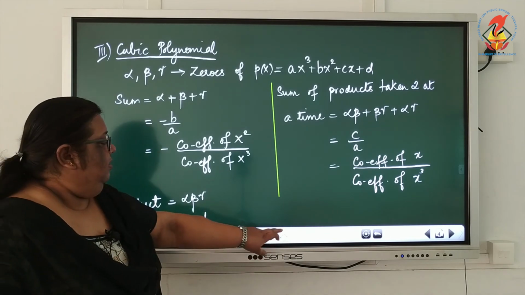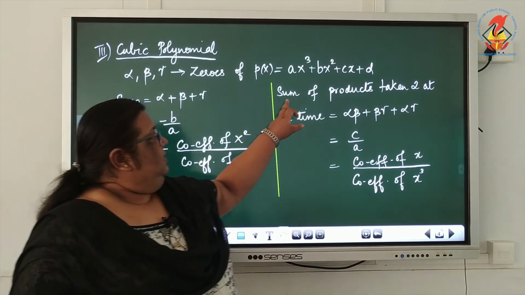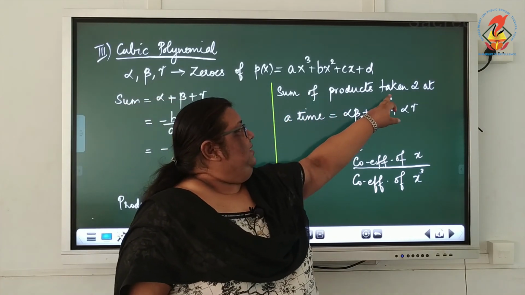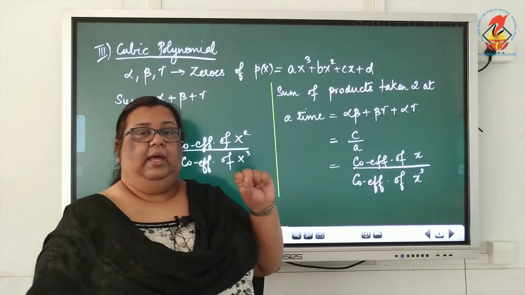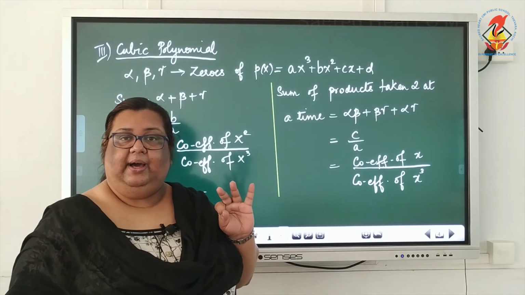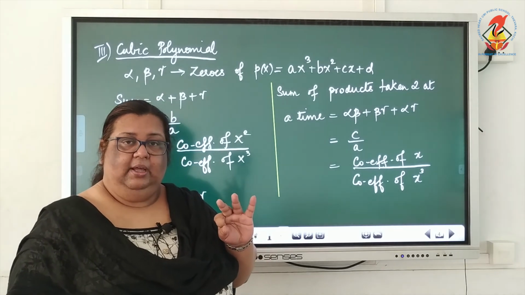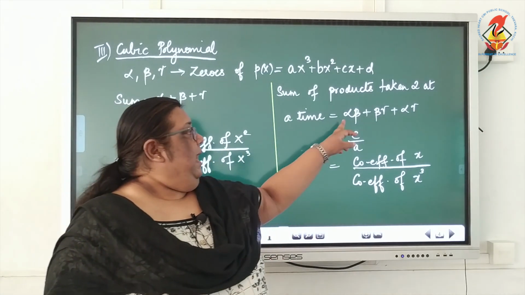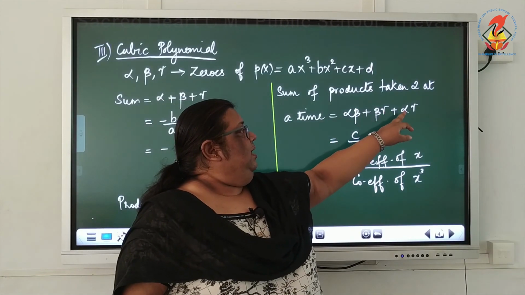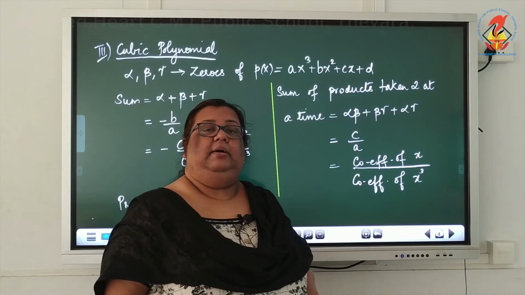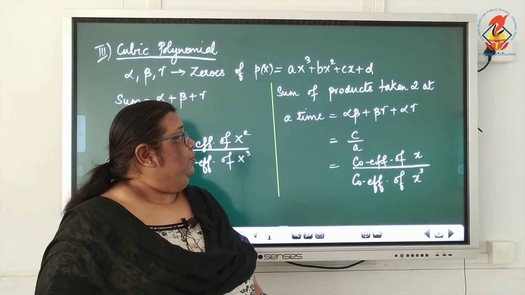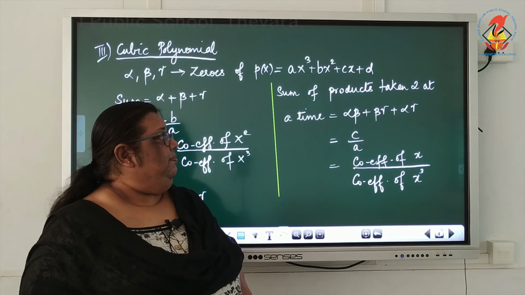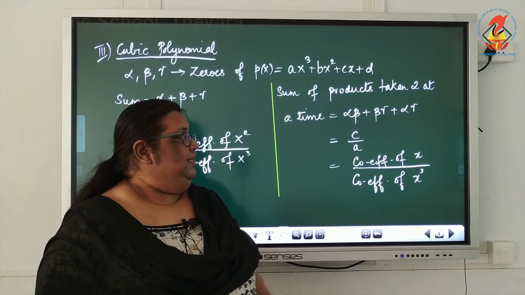Then the sum of the products taken 2 at a time. Alpha, beta, gamma are the 3 zeros. Now, I am going to pair 2 each and take the sum: alpha beta plus beta gamma plus alpha gamma. The sum of the products of the zeros taken 2 at a time will be the same as c by a.